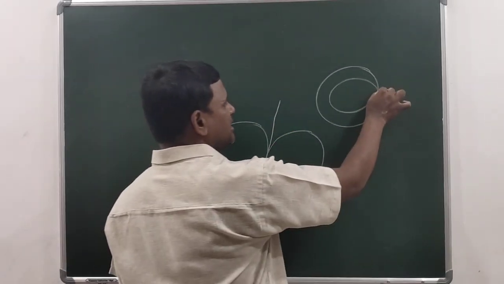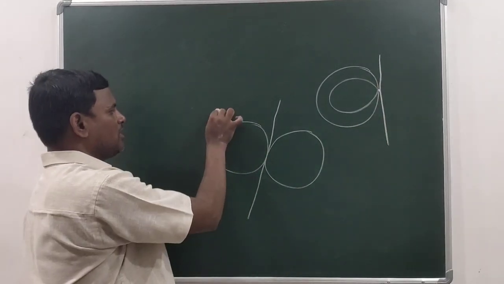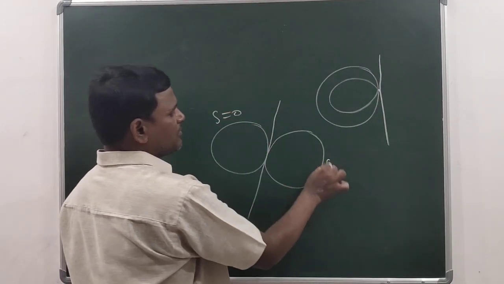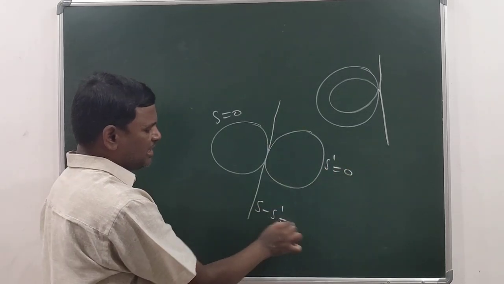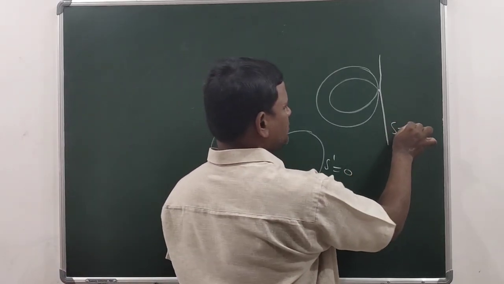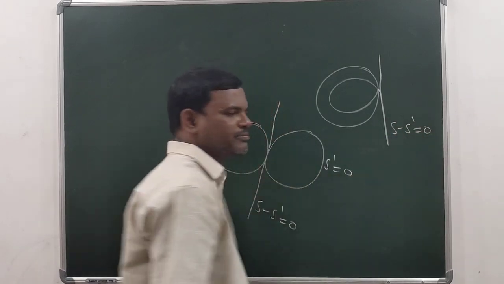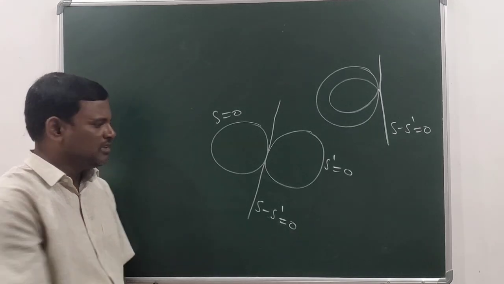This common tangent will be the radical axis. S equal to 0, S dash equal to 0. Now the radical axis equation is S minus S dash equal to 0. Here also S minus S dash equal to 0. Okay, students? Right.